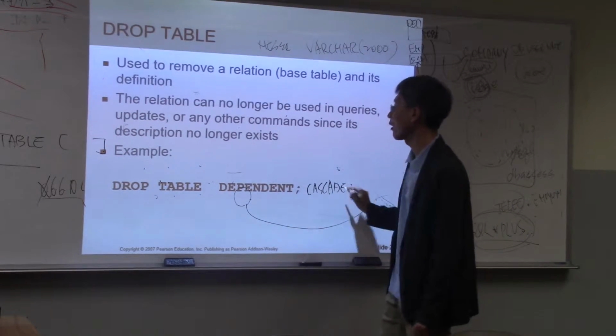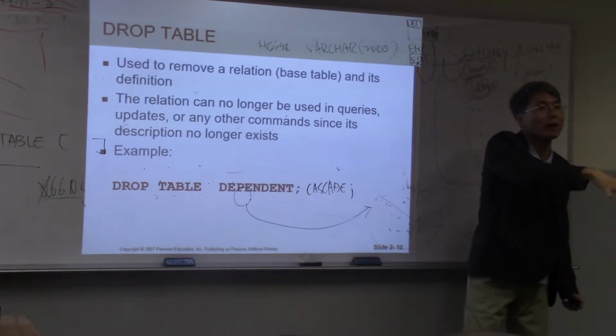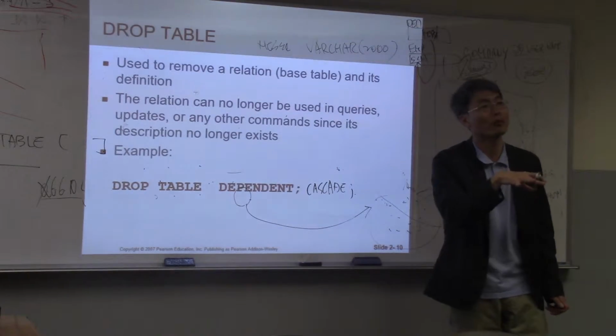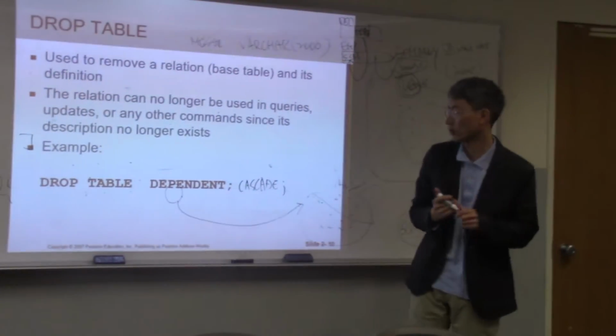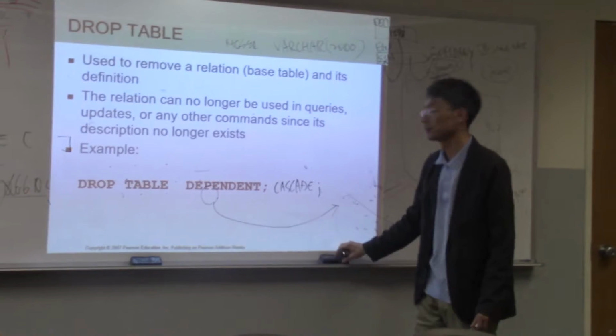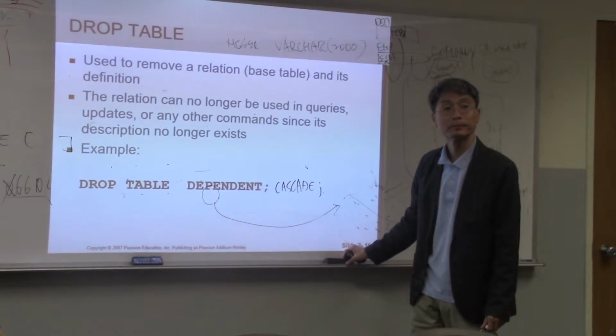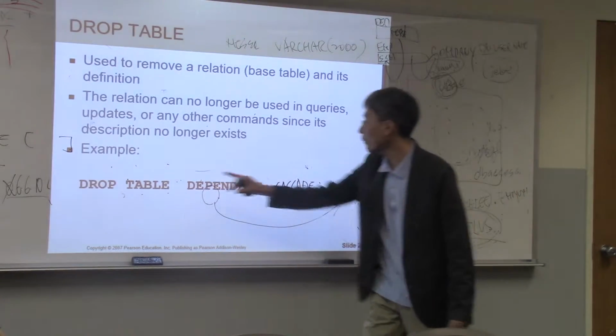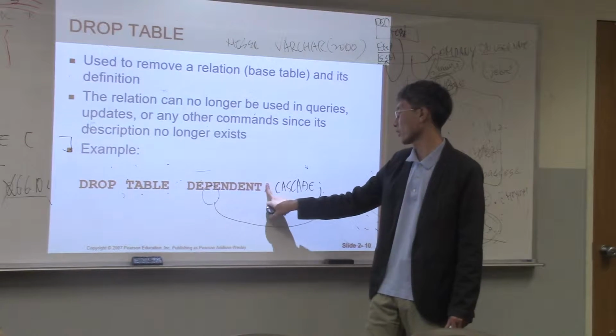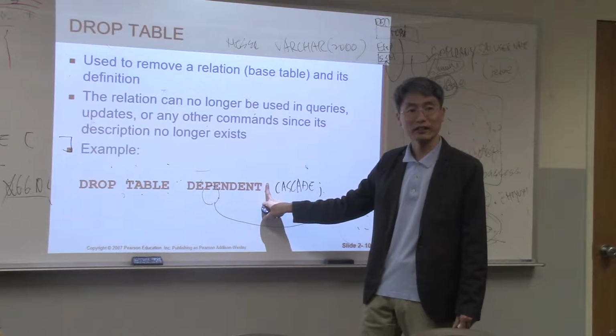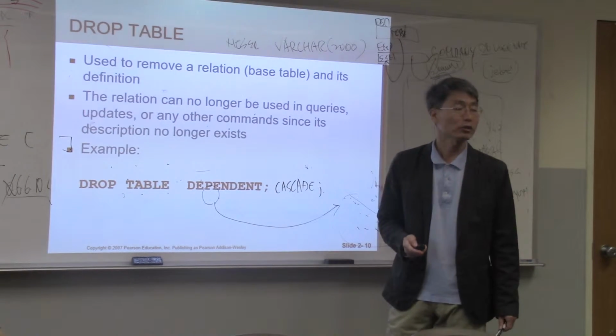With the cascade option, you can forcibly drop the table, which is not recommended. Okay? Sometimes you need to do that. So instead of the keyword drop alone, we use cascade: drop table, table name, and option cascade. Then you should be able to drop the table.